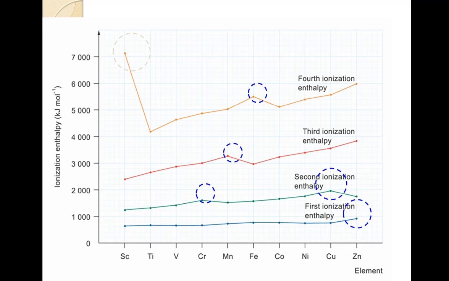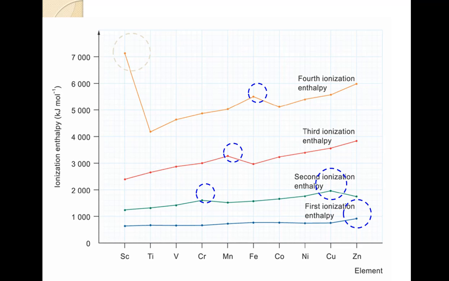Zinc has slightly higher, because of its electronic configuration. What is the electronic configuration of zinc? It is 4s2 3d10, so the electron is to be removed from the completely filled 4s orbital. That's why ionization enthalpy is more.